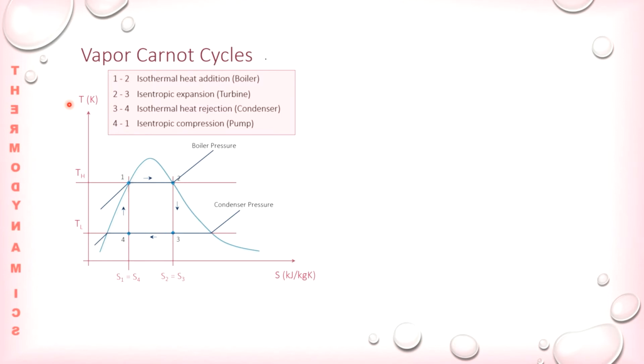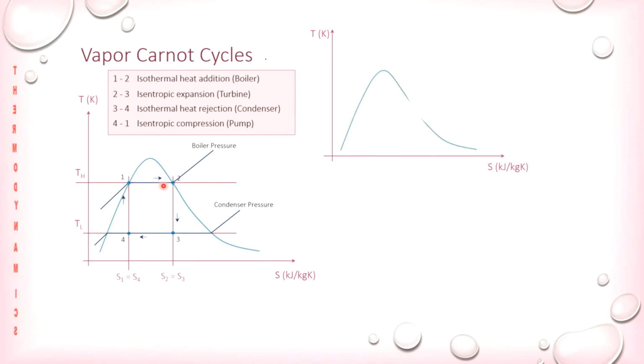Since this is a TS diagram, the area on the diagram is equivalent to heat flow. The area below the process path from state point 1 to 2, this entire surface area, is considered as heat supply, and this entire area is considered as heat rejected.